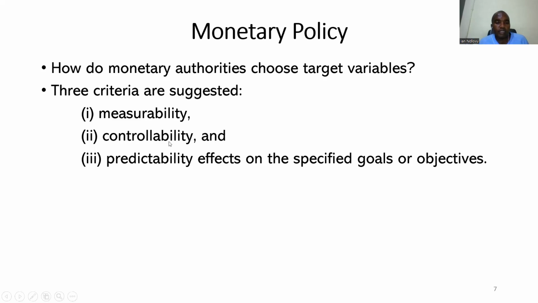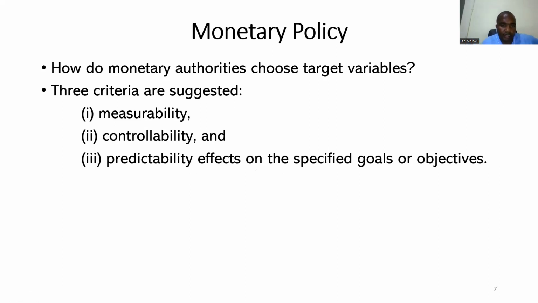And then controllability. Whenever you institute a policy, whether it's macro fiscal policy or monetary policy, the government must trigger a policy whose consequences it is able to control. And then the other aspect is predictability.